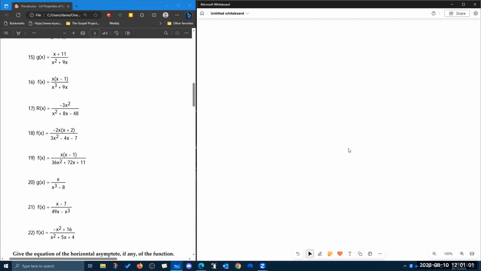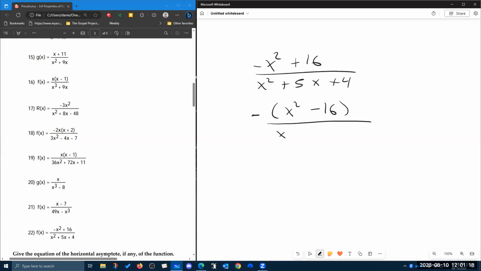Last question for this video. Again, I don't like that negative in front of that x squared, so I'm going to factor it out. It's an x plus 4 and an x minus 4 in the numerator.